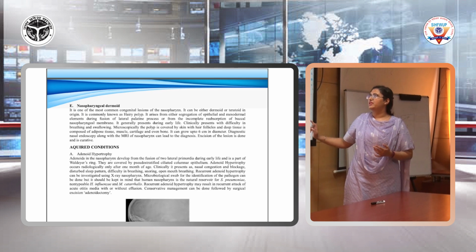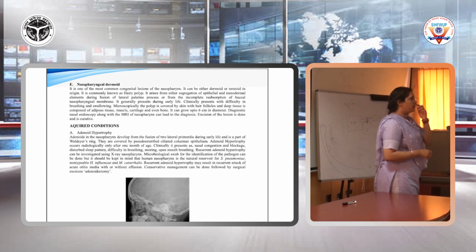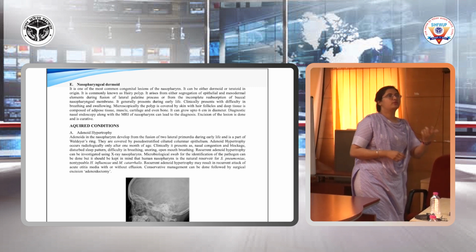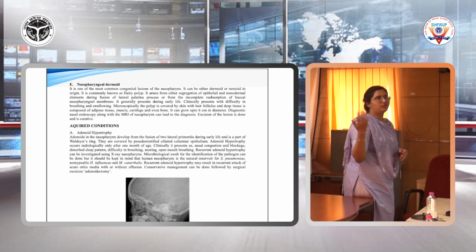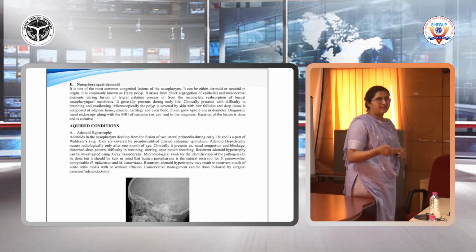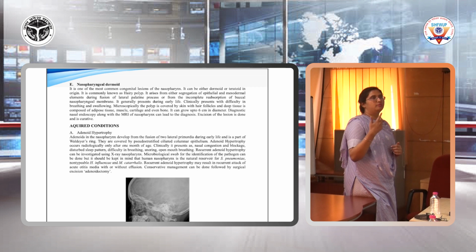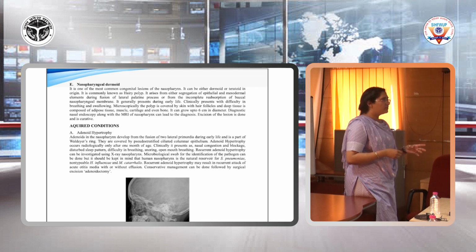Then comes the nasopharyngeal dermoid, also known as hairy polyp. It is known as hairy polyp because, if we see sections of the dermoid, it is surrounded by skin, and skin has hair follicles. Some case studies have reported that even muscle and teeth were present in it.